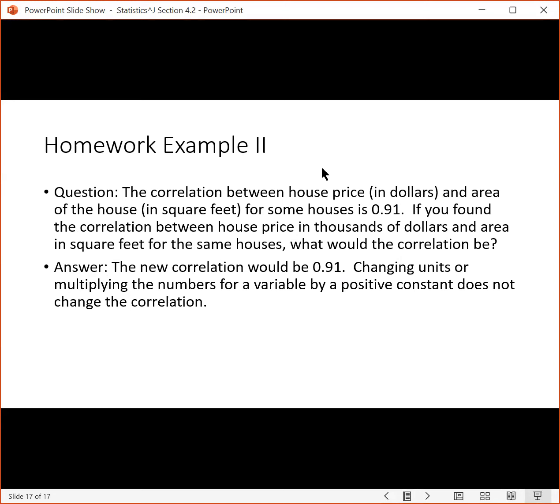If we changed units from house price in single dollars to thousands of dollars, we have scaled the house price; in effect, you'd be dividing by 1,000. Okay, so does dividing by 1,000 change the correlation coefficient? No. The new correlation would still be 0.91. Changing units or multiplying the numbers for a variable by a positive constant does not change the correlation coefficient value.